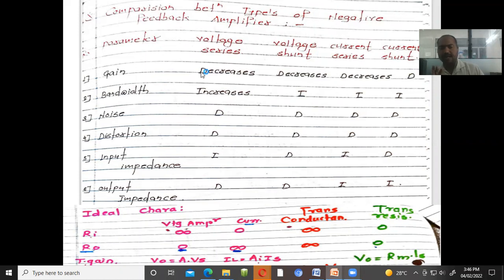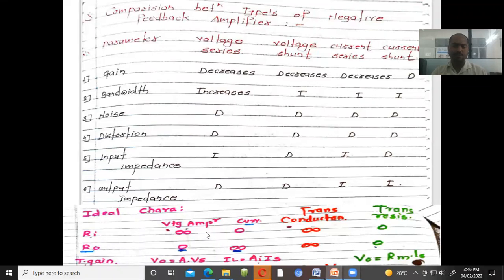We require Ri to be more. Ri more indicates higher impedance, so noise is not added. In that case, we should prepare the voltage amplifier and the transconductance amplifier, right?